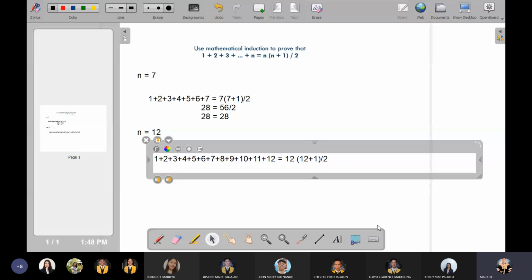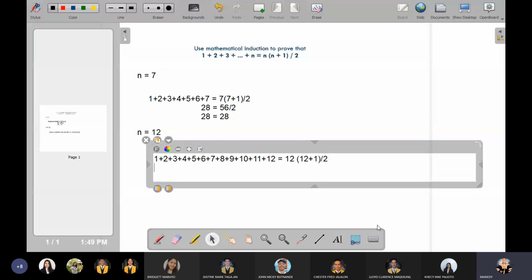So what is 13 times 12? 156, sir. 13 times 12, 156 divided by 2, that is 78. So if we add 1 until 12, it gives us the result of 78.